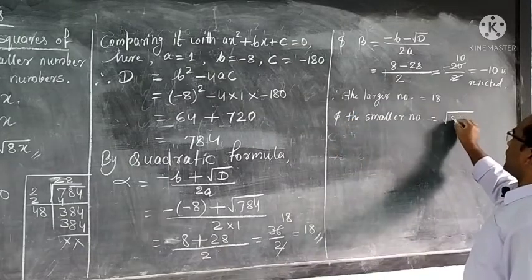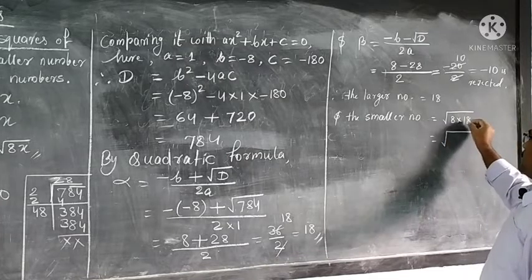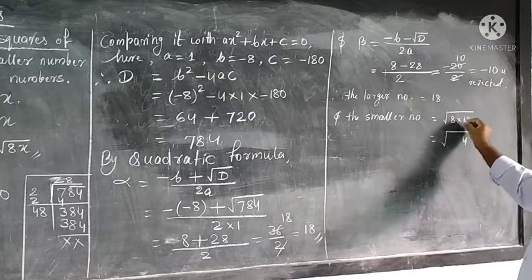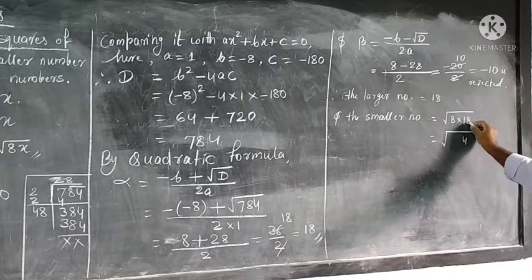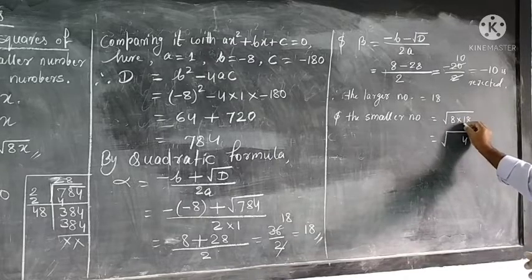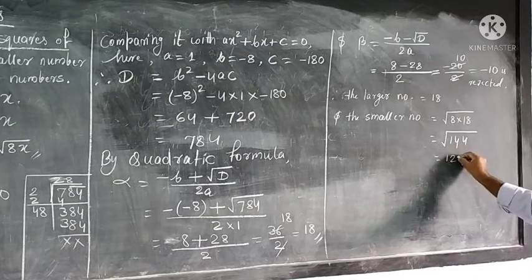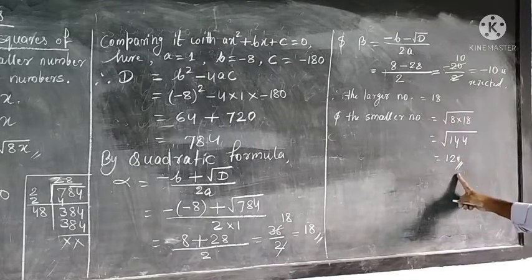So, root 8 into x, x is 18. 18 8s are 64, 6, 18 1s are 18, 6, 4, 8 8s are 64, 6, 8 1s are 8, 6, 14, root 144 is equal to 12. That means, if the larger number is 18, the smaller number is 12.